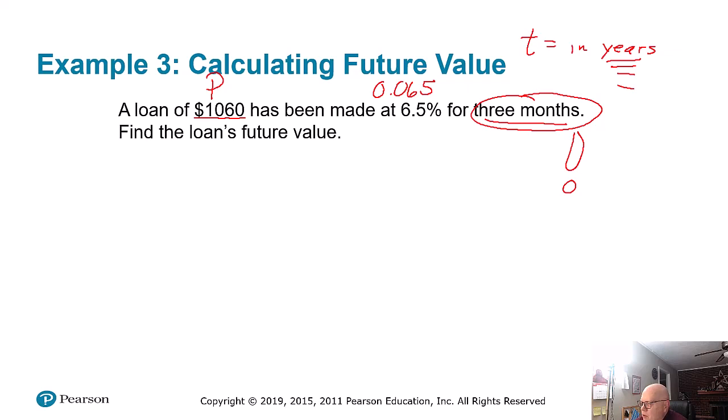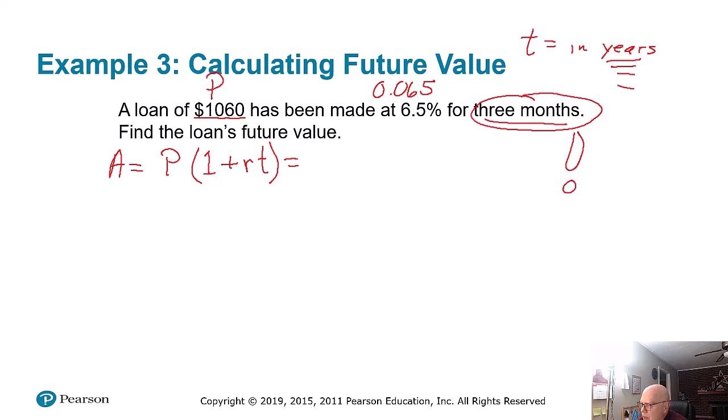So if we want the future value, first of all, we'll start out with the formula. Amount equals principal times the quantity, 1 plus the rate times the time in years. So what will the amount be at the end of that time period?